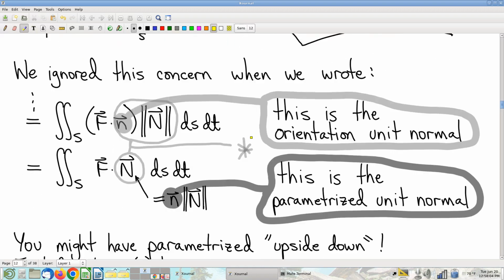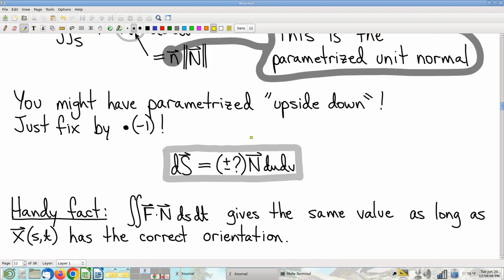So here's what I advise. Just recognize that you might parameterize upside down. If you do parameterize upside down, you're just going to be off by a minus sign. Just identify after the fact whether you parameterized upside down or not, and if you did, throw in an extra minus sign and you're good.